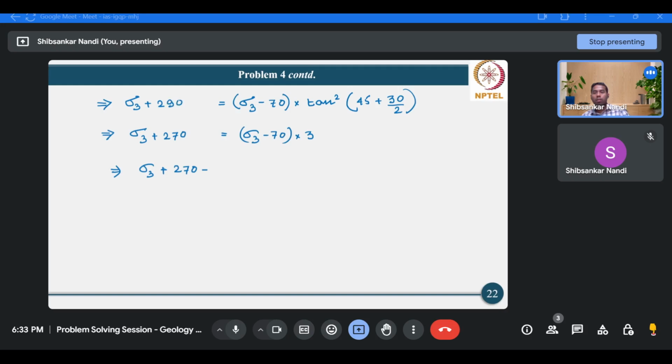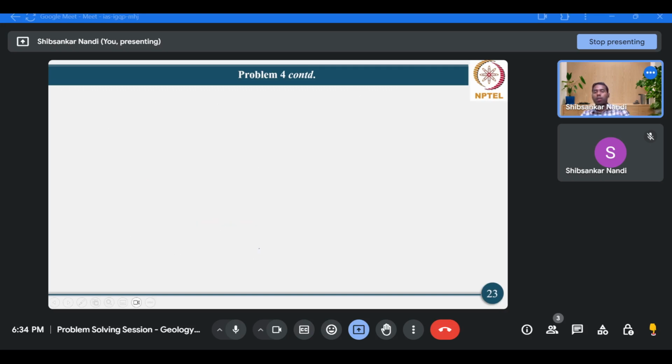This is simply... so the confining pressure was 250 kPa.